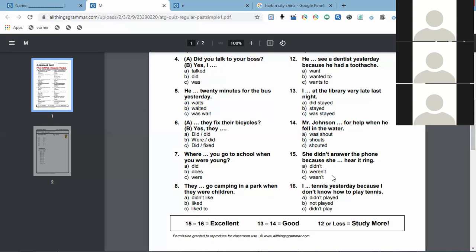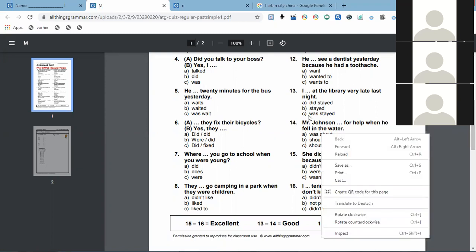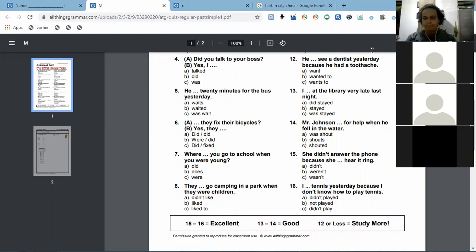Mr. Johnson was shout. Mr. Johnson shouts, or Mr. Johnson shouted.